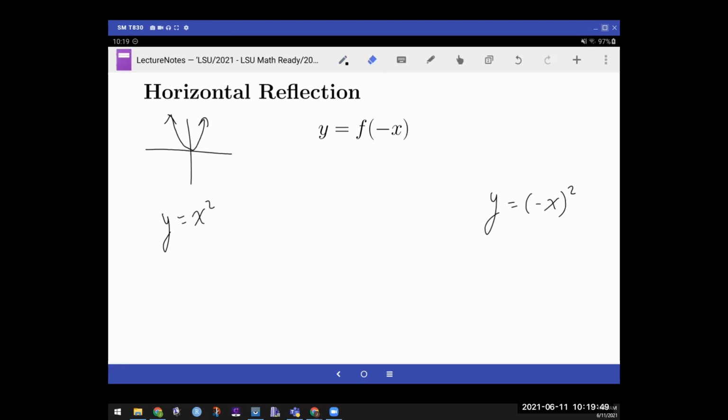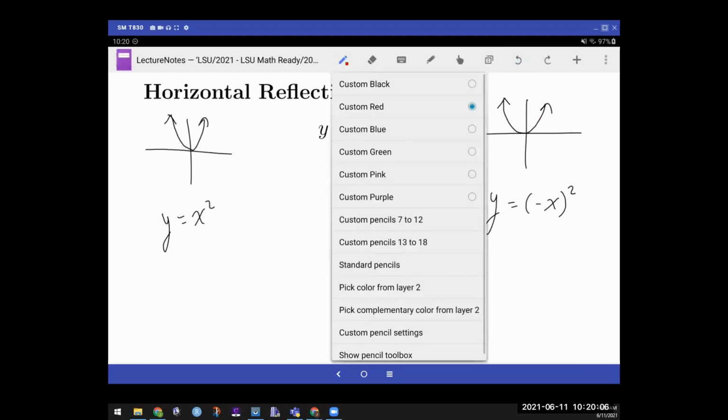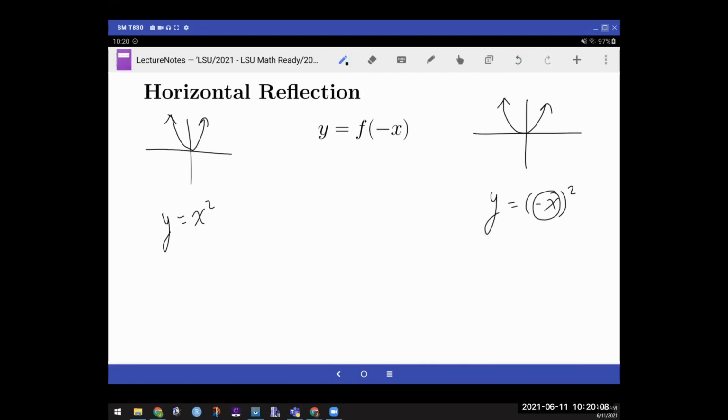If you do it that way, you get it reflected across the y-axis, or horizontally. Now, you can't really see it, but what's happening here is the points that were over here got flipped to this side. Why don't you notice? Well, what happens whenever you square a negative? It becomes positive, right? So you end up actually getting the same exact graph. That's why I said x squared was a bad example.